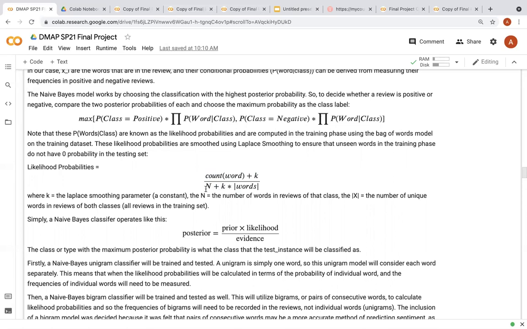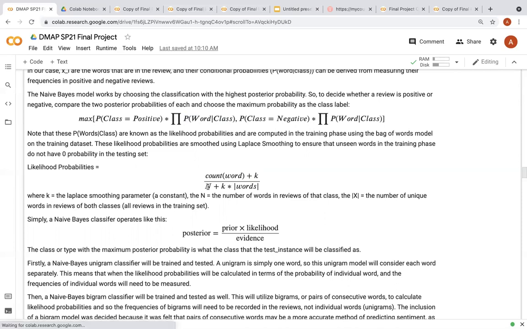So what does this really mean? Count of word is again the frequency of the word. K is again the Laplace smoothing constant. I just used 1. N is the number of words in reviews of that class. So if we're trying to calculate likelihood probabilities for positive, the word given class right here, let's say our class is positive, then N is the number of words in reviews of class positive.